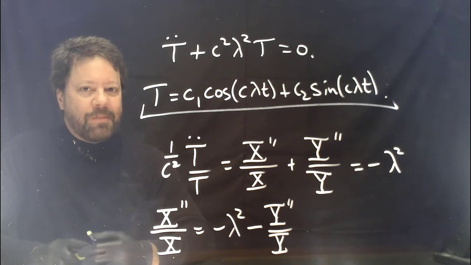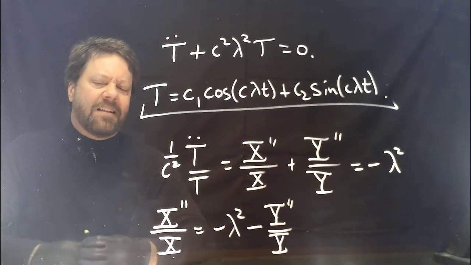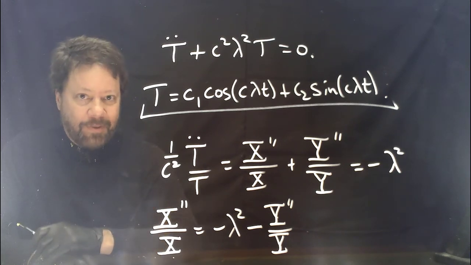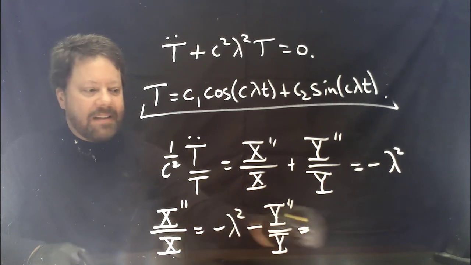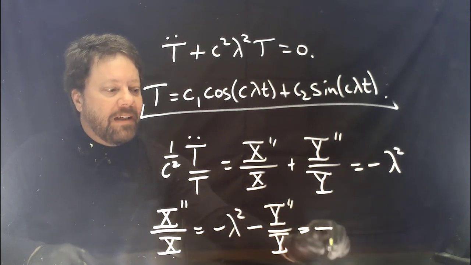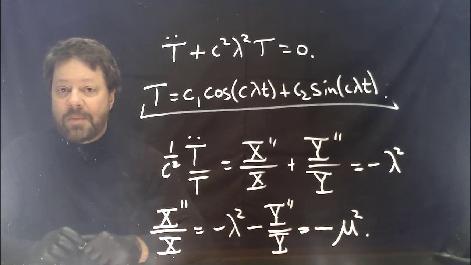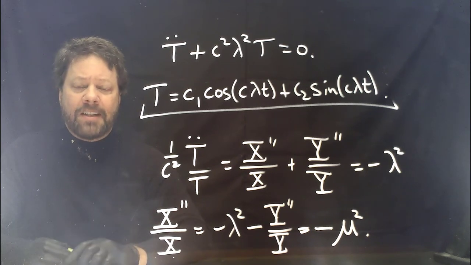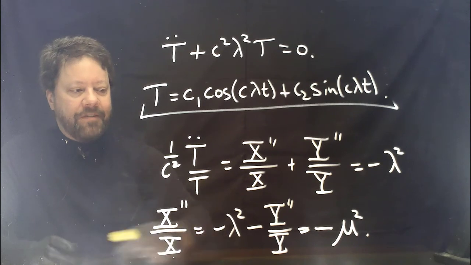These both must be equal to a constant again. That constant could be positive, negative, or 0 by trichotomy, of course. You'll see then, by a simple analysis, that this must be a negative. Otherwise, x will grow exponentially or decay exponentially. And again, for a frictionless membrane, it has to oscillate forever. So neither of those are appropriate.